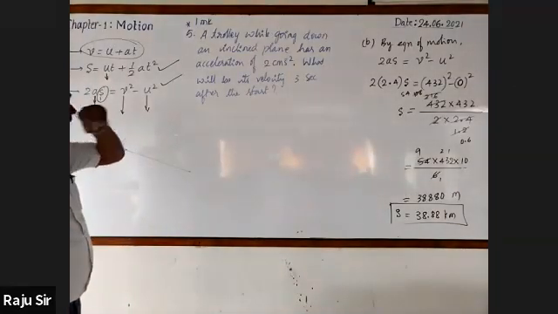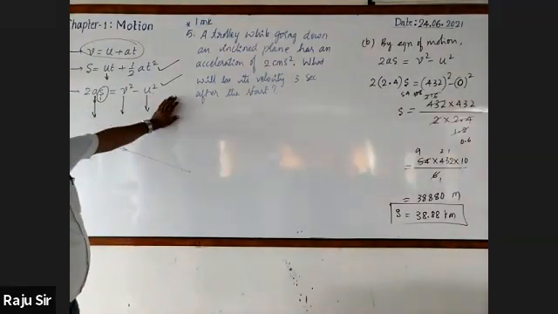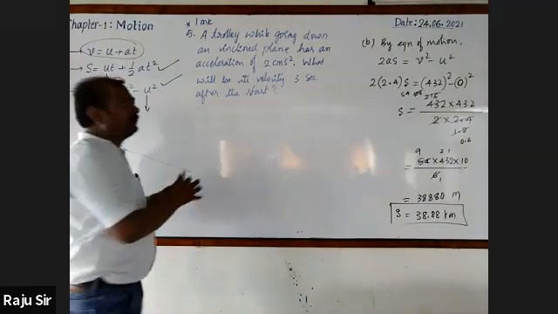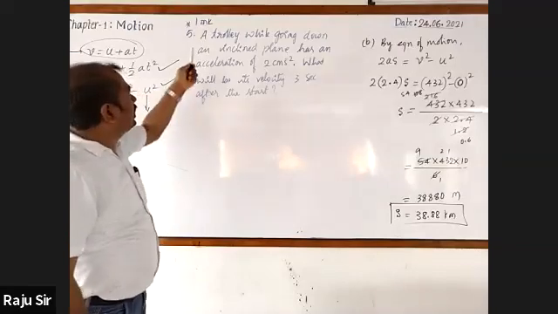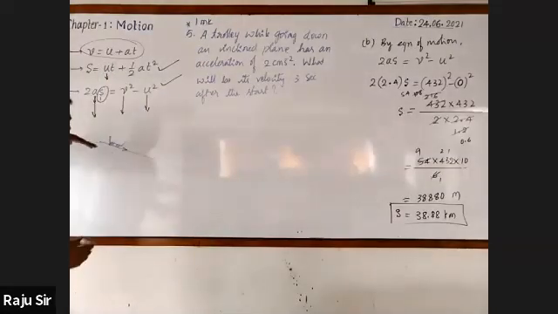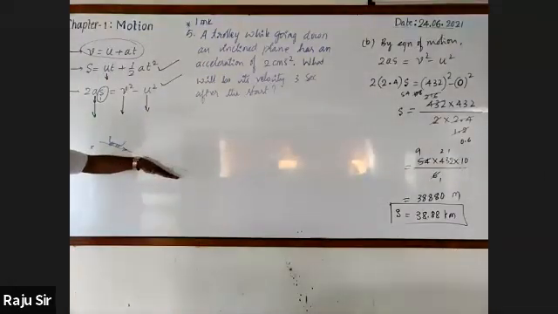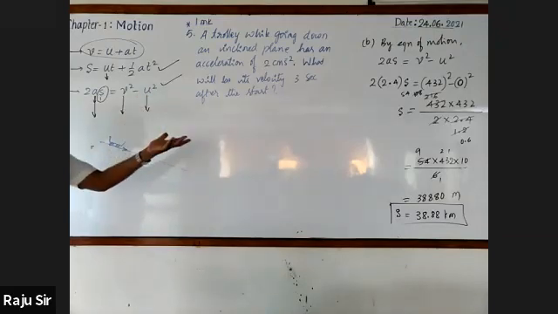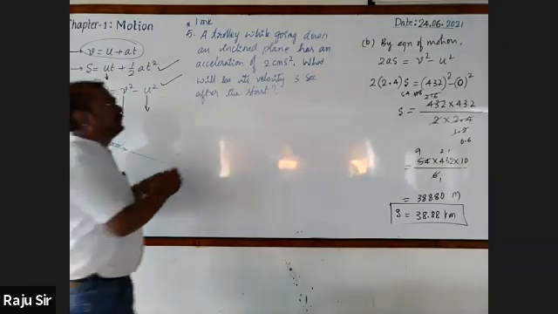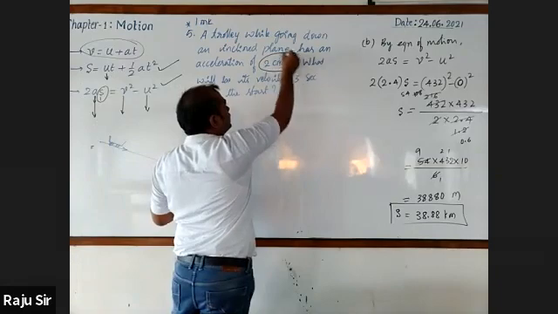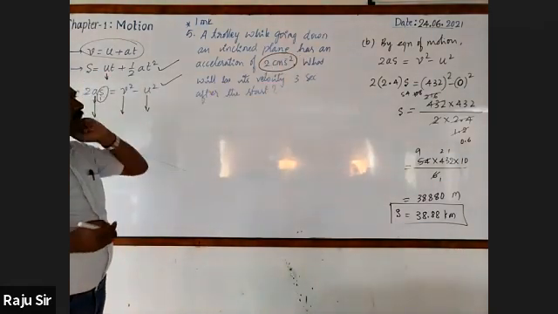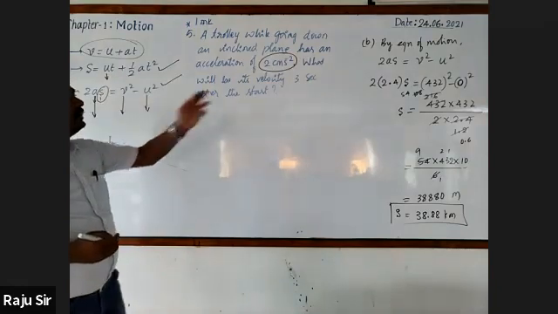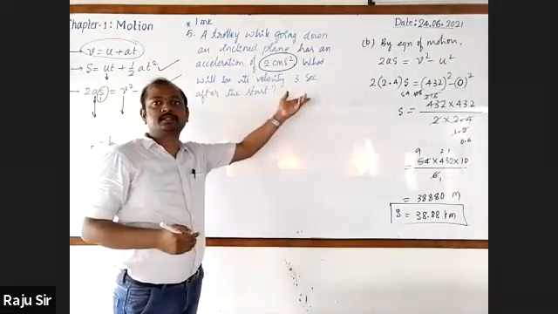Observe. Look here. Please go through the given statement once. A trolley, while going down an inclined plane, takes the acceleration that has been given. It is 2 centimeters per second square. And they have also given the statement that it will travel for 3 seconds.